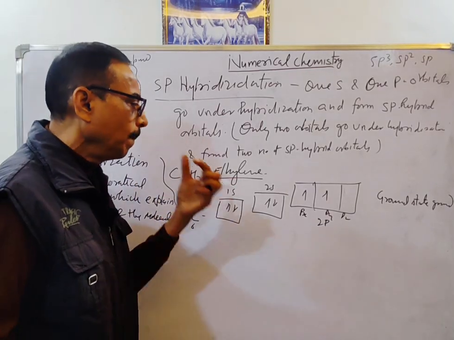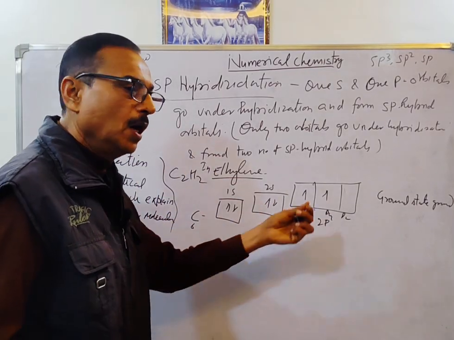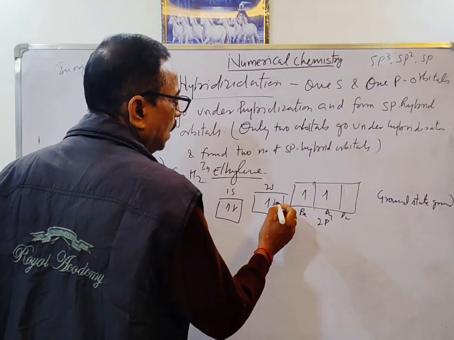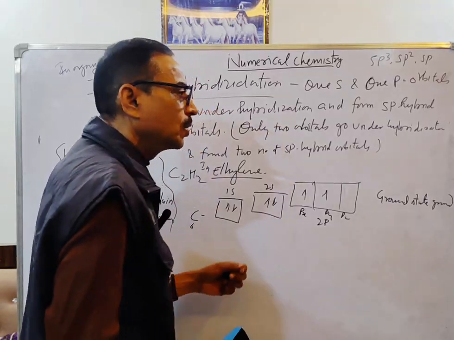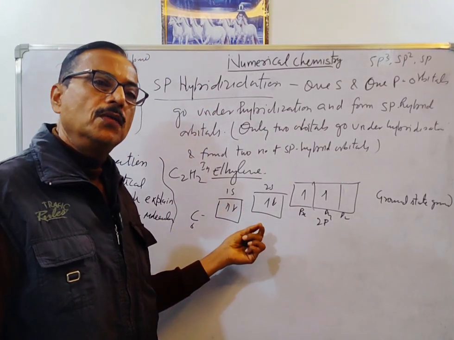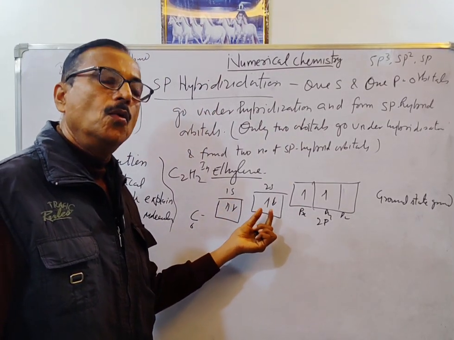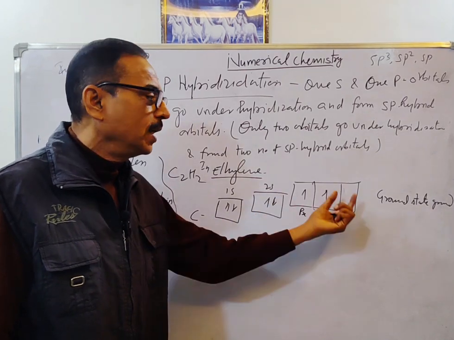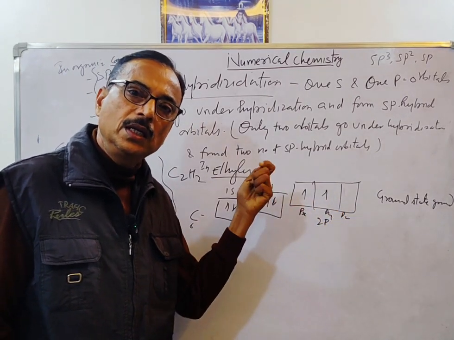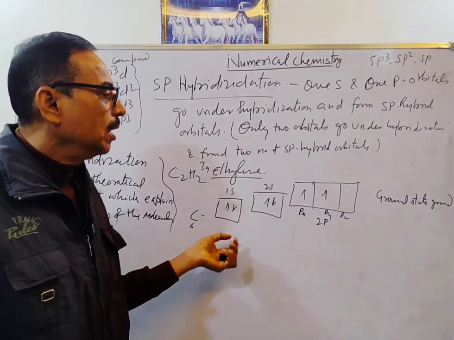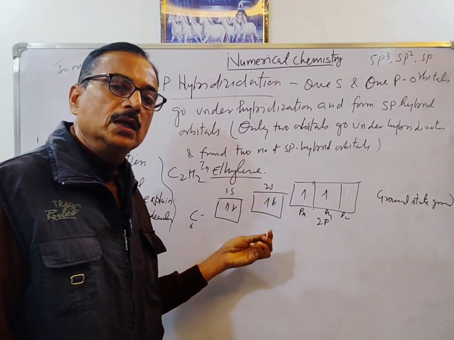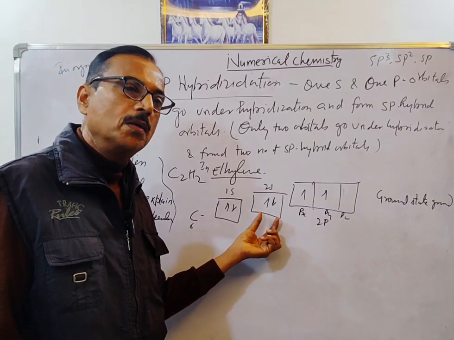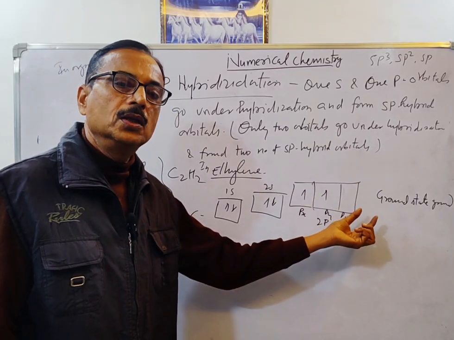Now here we see carbon in the ground state before bond formation, it goes to the excited state. In the excited state, one electron or more than one electron are moved from the ground state to a higher energy level. What is the excited state? Excited state is the position where the electron moves from the stable or lower orbital to a higher energy orbital.